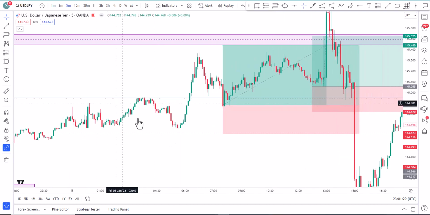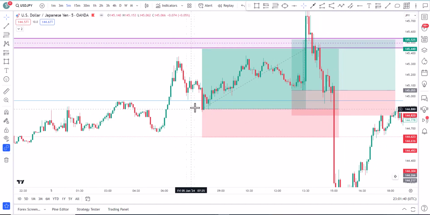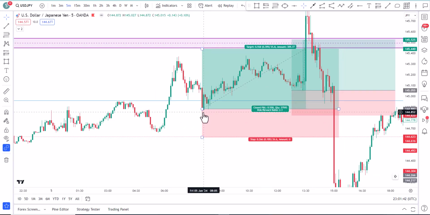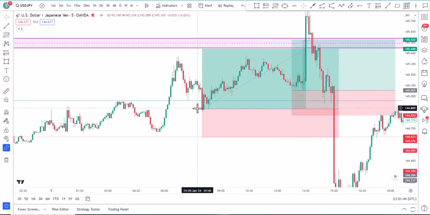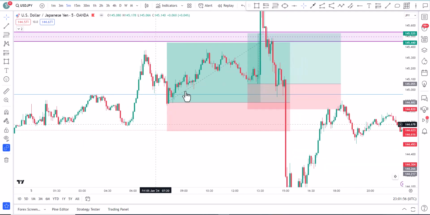As you can see from here, I entered on the retracement on this USDJPY in the 5-minute time frame. You can see I took my first trade here. So you can see price just tapped into my entry and then moved up, targeting a 1 to 2 risk to reward ratio.